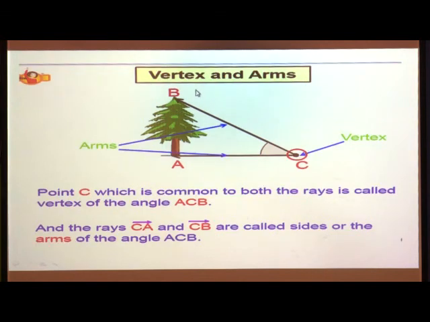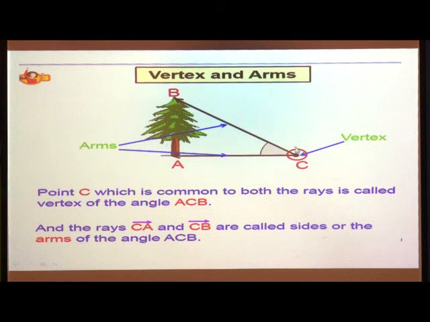Let us see about the vertex and arms. Point C, which is common to both the rays, is called the vertex of the angle. The rays are named ray CA and ray CB.